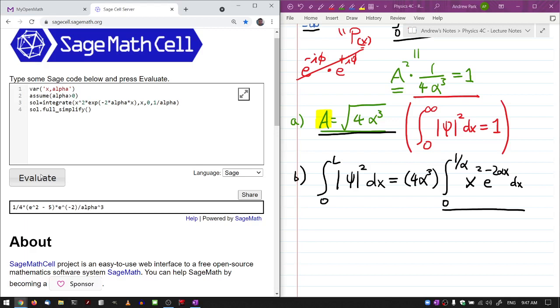All right, that looks rather complicated. I wonder if it'll simplify better if, yeah, I think it's going to simplify better if I multiply by 4 alpha to the third power. Yeah, so let me do it this way. I'm going to do solution times 4 times alpha to the third power. And I think it's going to be a numerical thing. Let me double check. Let me do a full simplify again.